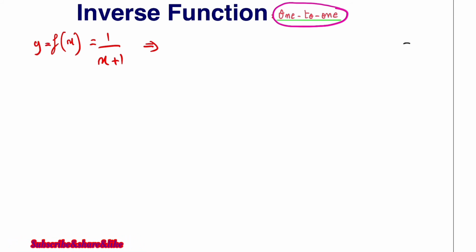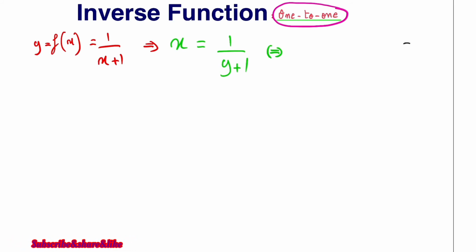We change y and x. So x will be here and y will be here. Therefore x is equal to 1 over y plus 1. We just switch them.